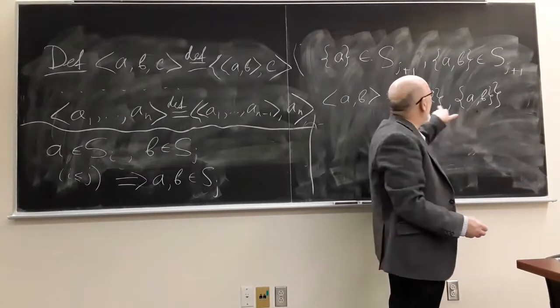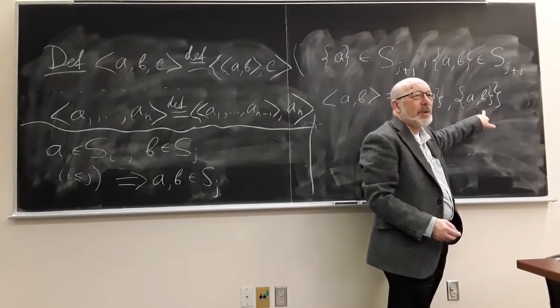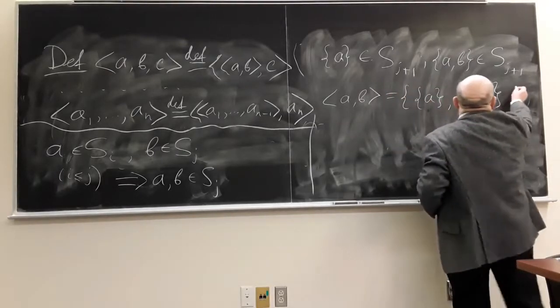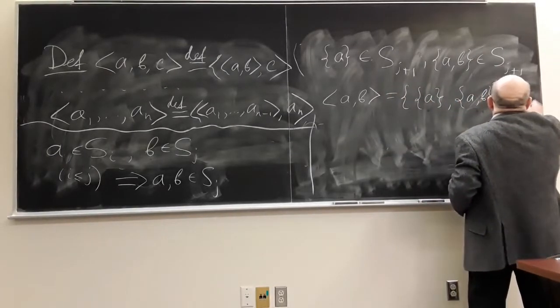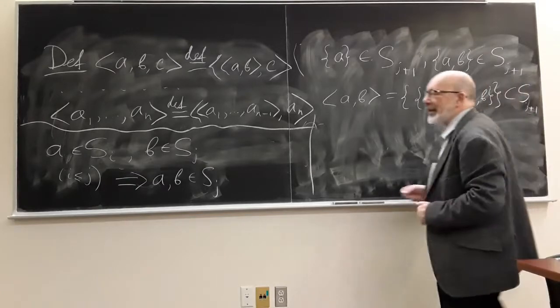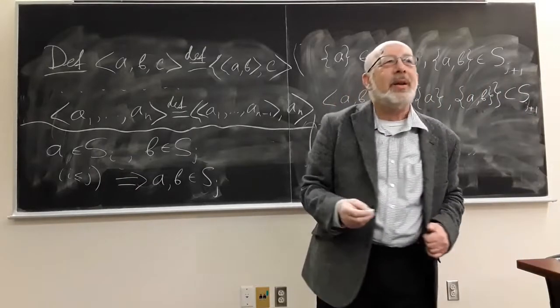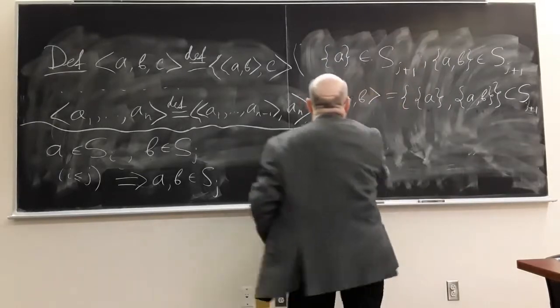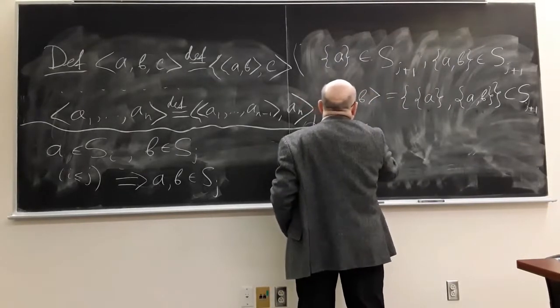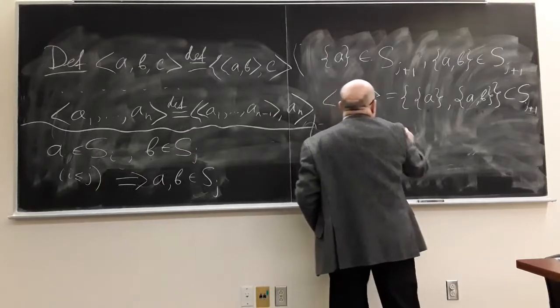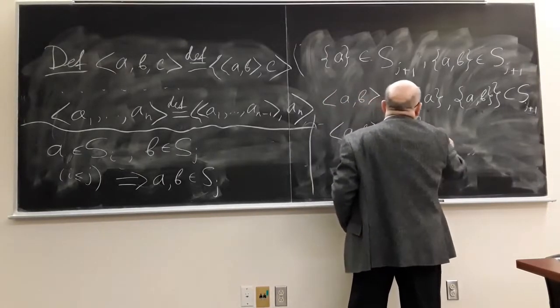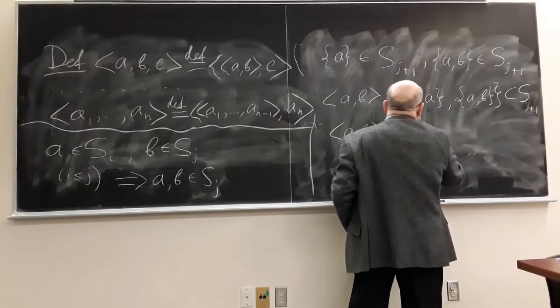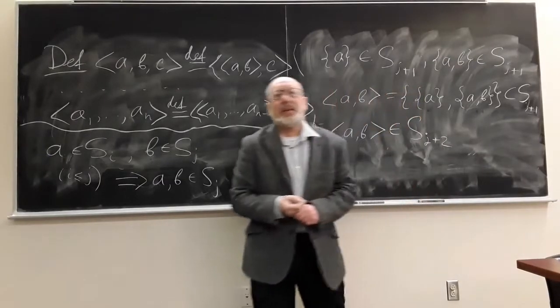So it is a subset of Sj plus 1. If it is a subset of Sj plus 1, then it is an element of Sj plus 2. So AB is an element of Sj plus 2.